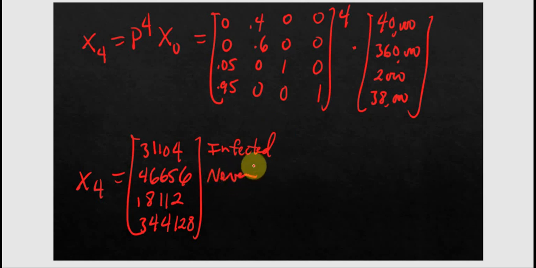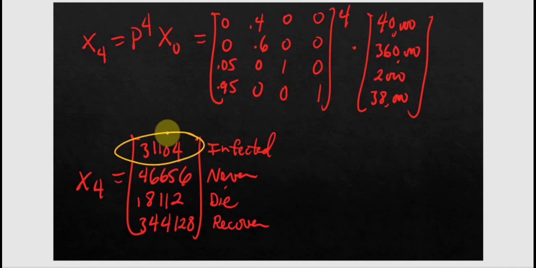People who will never be infected in 4 years. It's the total number of people who will die in 4 years. And then the number of people who will recover. Now, the only thing that this problem asked for was how many would be infected in 4 years, and so that's the only answer that you want to give there, right?